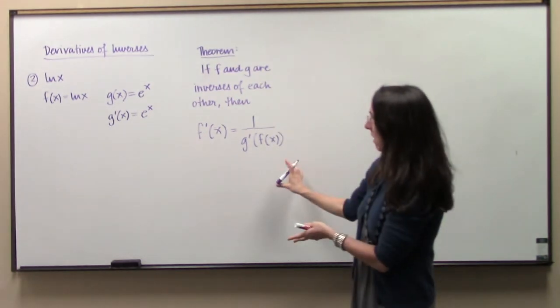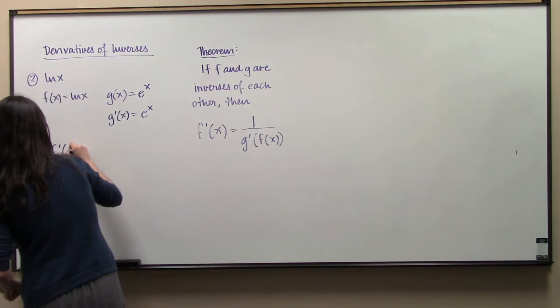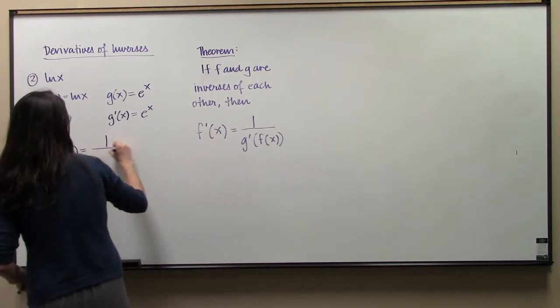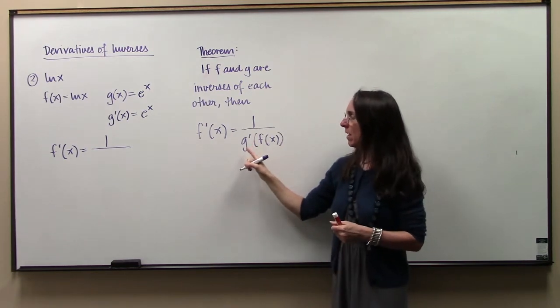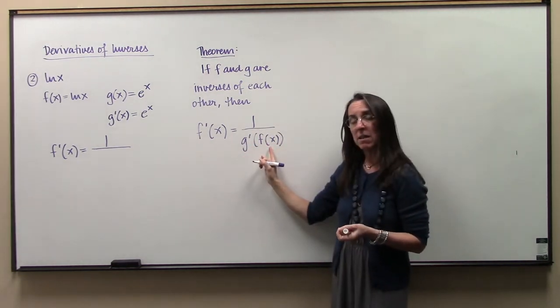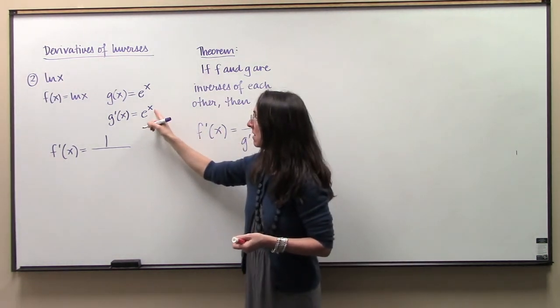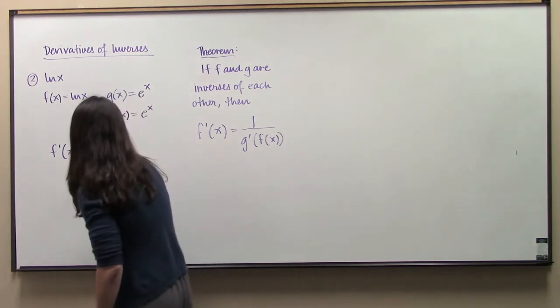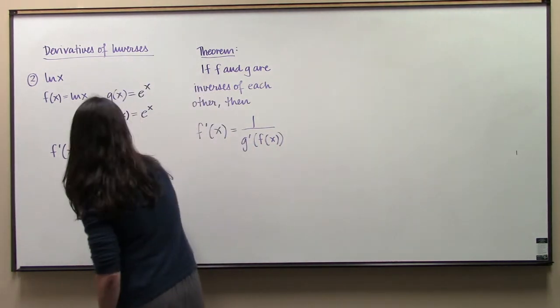And so let's try to put all of this together. So f prime, I'm supposed to do 1 over whatever g prime is evaluated at f of x. So g prime is e to the x. So I want g prime of f of x, and f of x is log x.